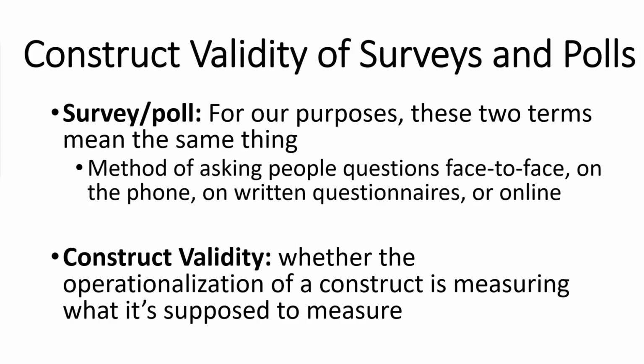But again, for our class, we're going to talk about surveys and polls interchangeably as a method pretty much of self-report. And so, as we said, we're going to be talking about construct validity, and as a reminder from previous lectures, construct validity is concerned with whether the operationalization of a construct is measuring what it's supposed to measure.